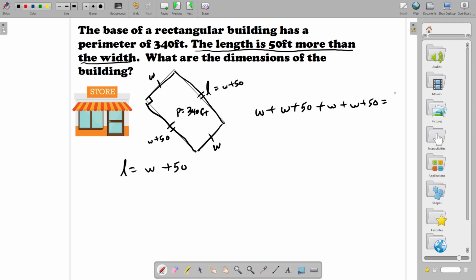And that adds up to 340. Combine like terms, W plus W plus W plus W is 4W, plus 50 is 100. That equals 340. Subtract 100 from each side.